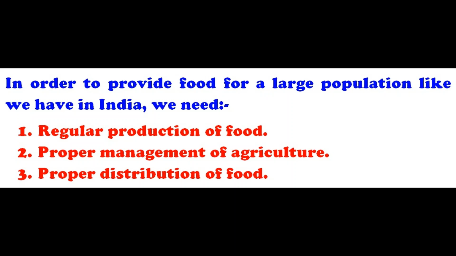We need regular production of food. Not only that, after that, proper management of agriculture. Agriculture, this word we will discuss in this particular chapter. And lastly, we must also ensure that food is properly distributed.